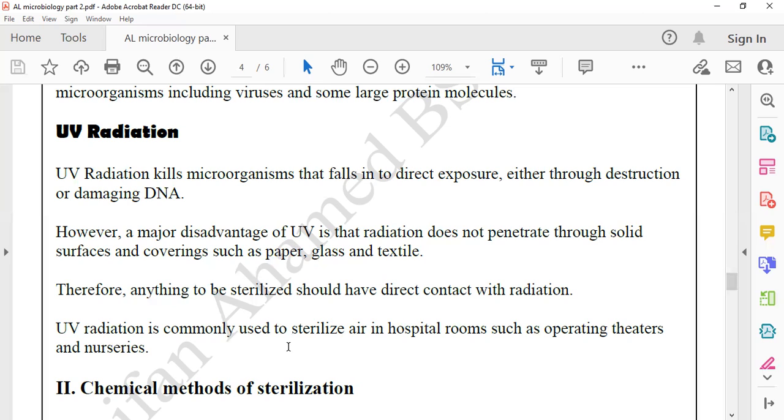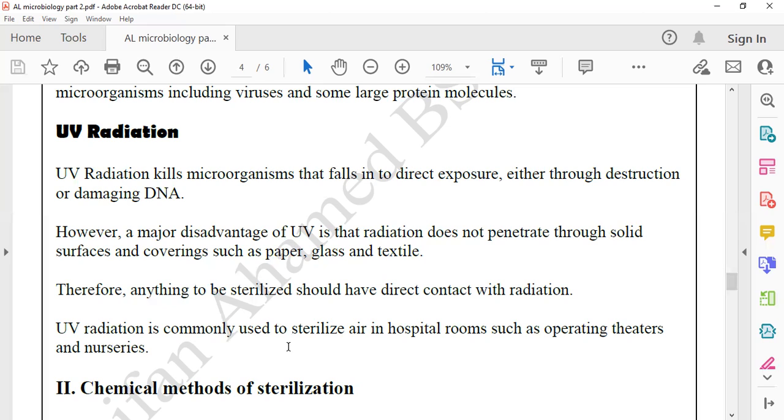But that is for paper, glass, textile-like materials. Normally, UV radiation we try in the operation theaters, hospital rooms. In hospital rooms and operation theaters, plenty of people come to the operation theater. Different germs are coming to the operation theater.